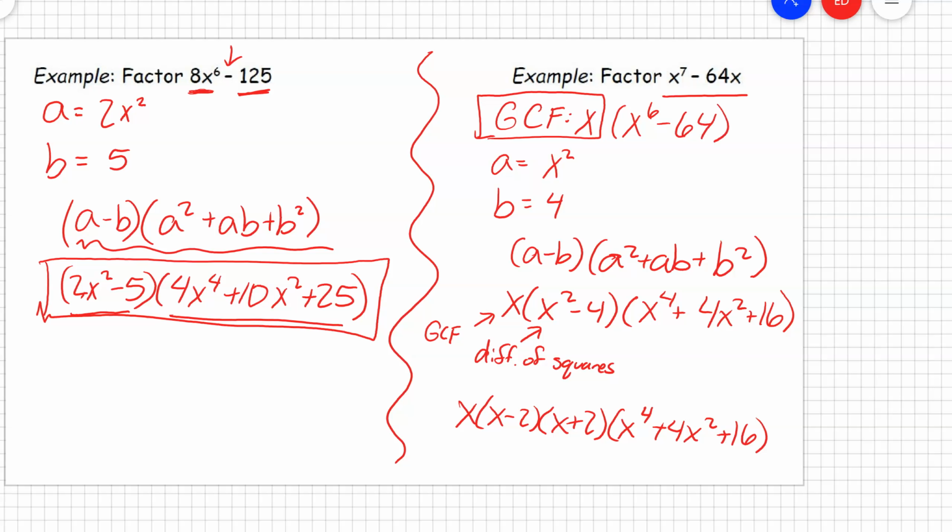And there we have a difference of cubes, because x to the 6th, we can break that down to just being x squared to the 3rd power. And then 64, the cube root of 64 is just 4. So now what we can do is substitute our A value in for x squared, and our B value is now 4.